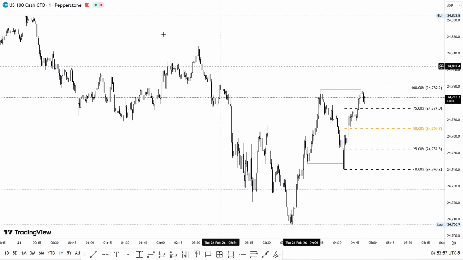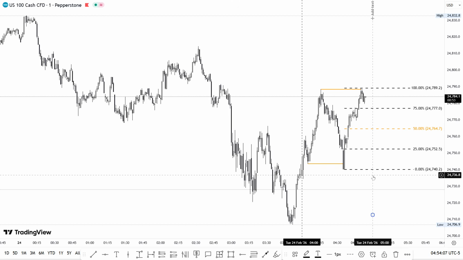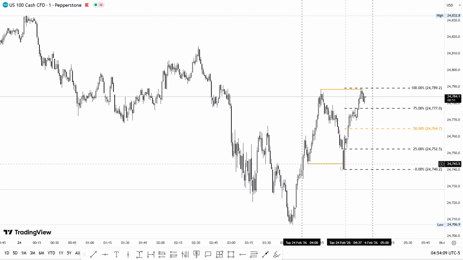So I'm looking at this range. What have we done? We've swept sell side, we've swept buy side, and we're currently back heading into an hour. So in that hour, I'm expecting spooling to external range liquidity. Whatever side, you can get it wrong. You can say, I'm expecting it to now spool higher. No, it could spool low and just go for that. And that's okay. That's where the lessons are learned.